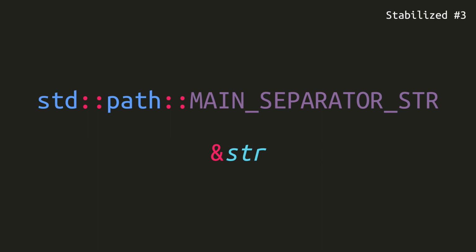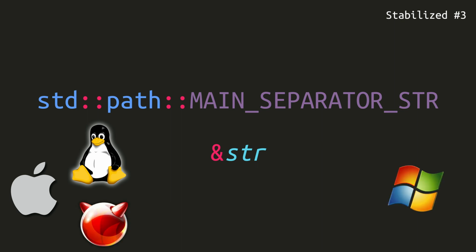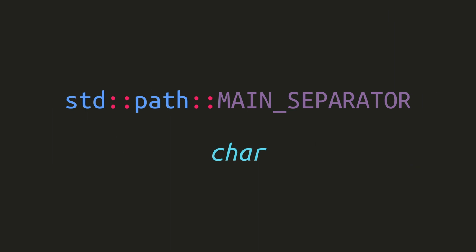Third, there is now a borrowed string slice constant representing the path separator on your platform, which is a / on all the normal operating systems like macOS, Linux, and the BSDs, or a \ on the weird operating systems. There was already a really similar constant that was a char, but it's nice to not have to convert this into a string of some type.